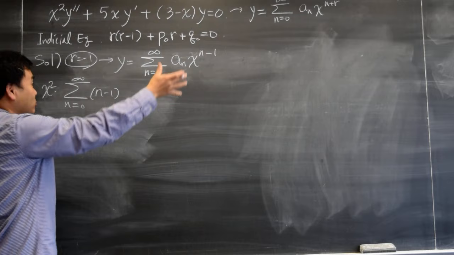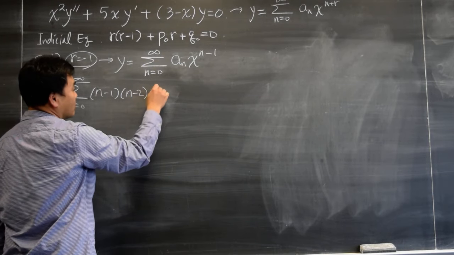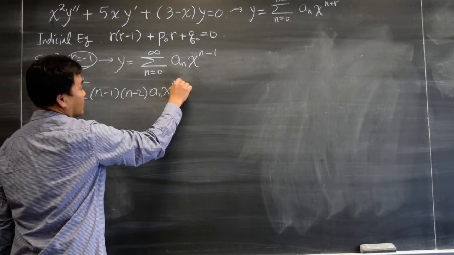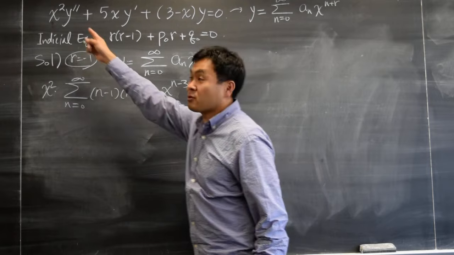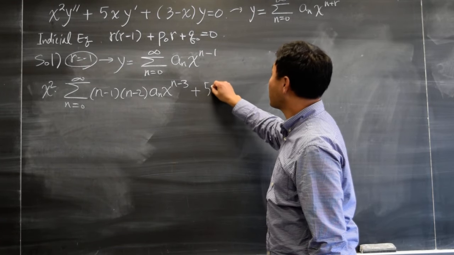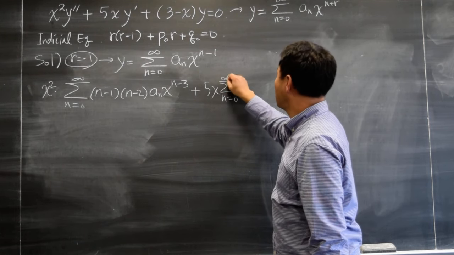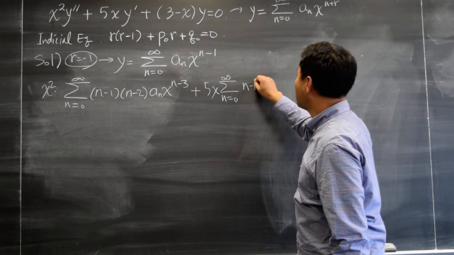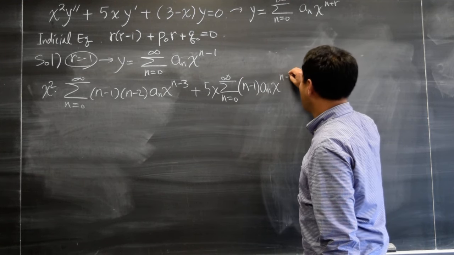Then another differentiation will give you n minus 2 there, and leave you with n minus 3, right? So that's what you're going to have for the very first one. Plus 5x times, if you differentiate just once, you're going to get n minus 1 times a_n x to the n minus 2.